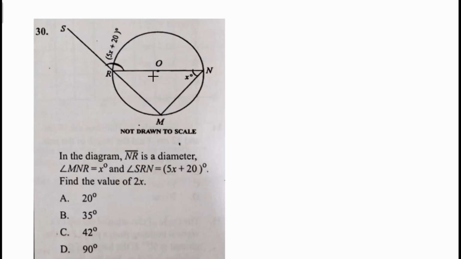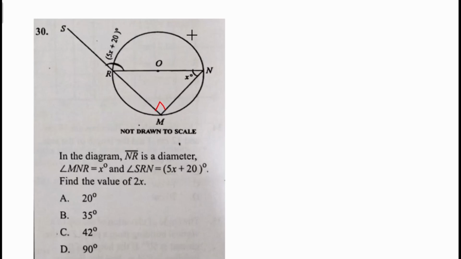If NR is the diameter to this circle, then this angle here, NMR, is a right angle, which is another circle theorem which says that the diameter of a circle subtends a right angle at the circumference of the circle, or the inscribed angle of a diameter is 90 degrees.